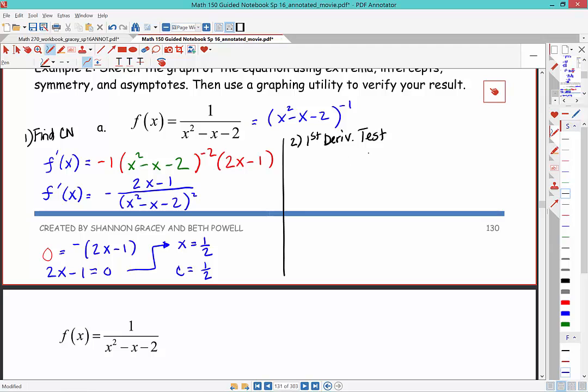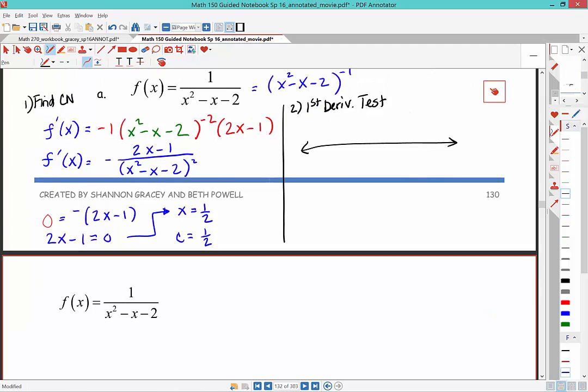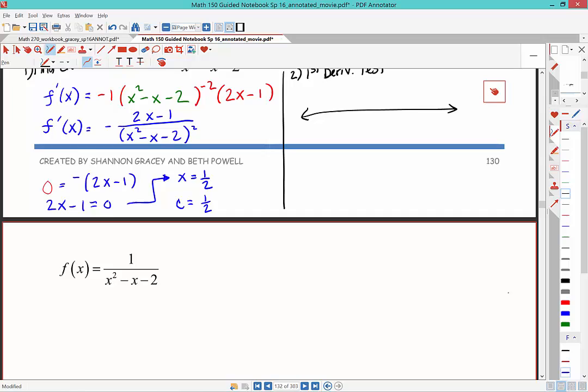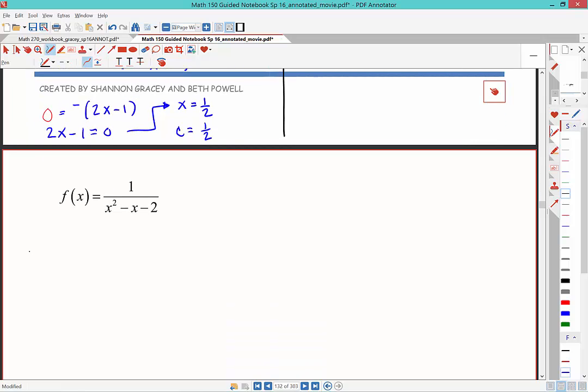So if we make our number line, what else are we going to have to consider? We may need to consider where the vertical asymptotes may be. Do you see there's going to be a vertical asymptote when? Great, when x squared minus x minus 2 is 0.